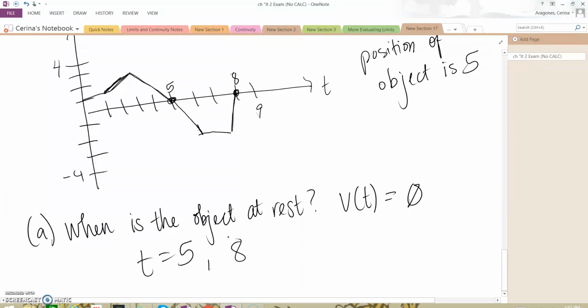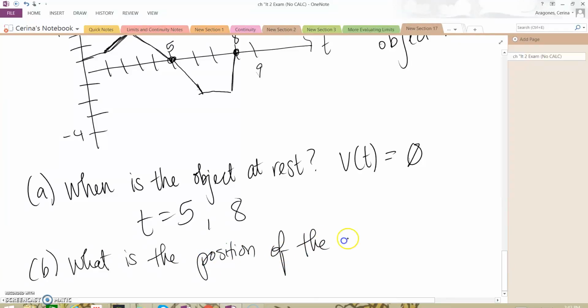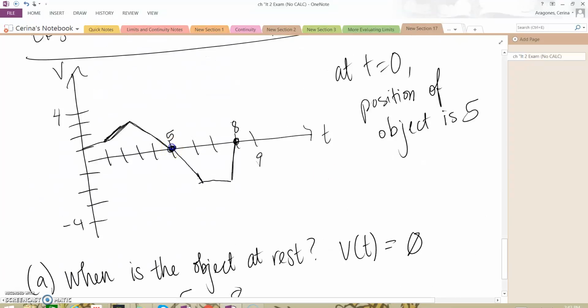Okay? And then the next question was, what is the position of the object at t equals 5? Okay, so your velocity here, and you want to know the position.